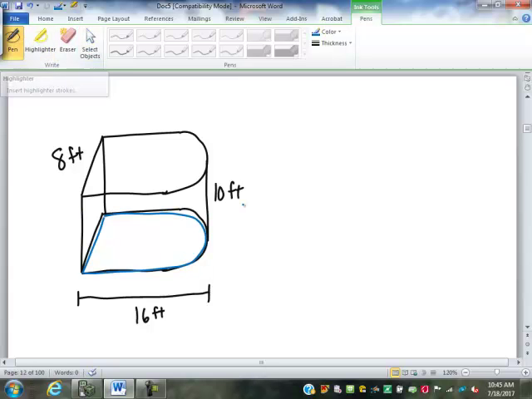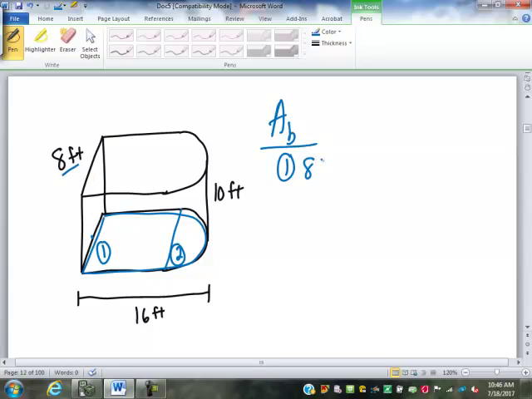The base here is not just a simple shape. I have to do a compound shape to find the area of my base. I've got a rectangle there, and I've got a half circle here. What is the size of my rectangle? Well, this side is 8 feet. This side here is not as obvious.